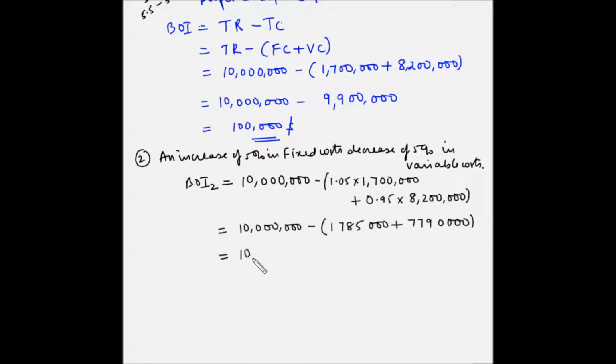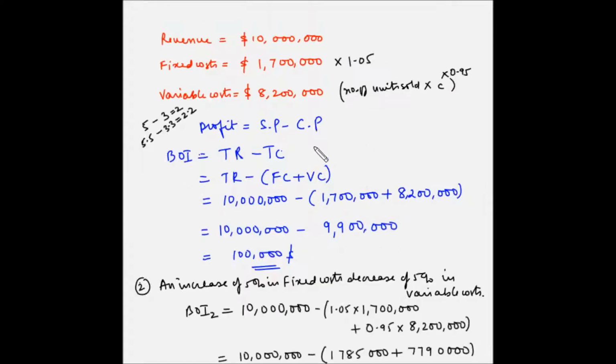So this is equal to 10 million minus 9,575,000. So this is equal to $425,000. So basically in this case, our fixed cost increased by 5% while the variable cost decreased by 5%.